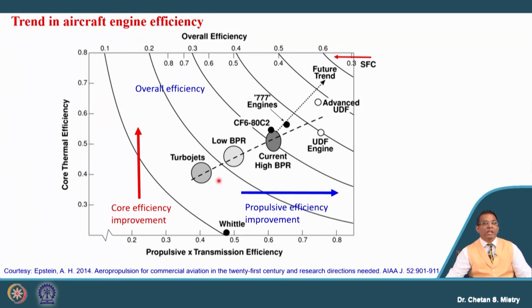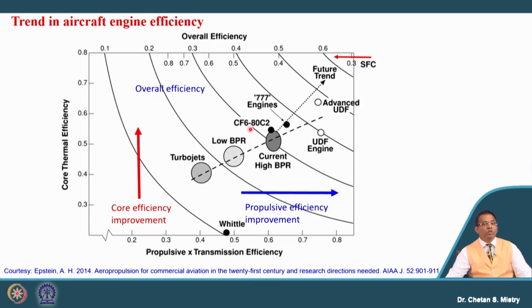So, this represents the turbojet engine; compared to that, the low bypass ratio engine has shown improvement in propulsive efficiency and core efficiency, and in turn overall efficiency also.